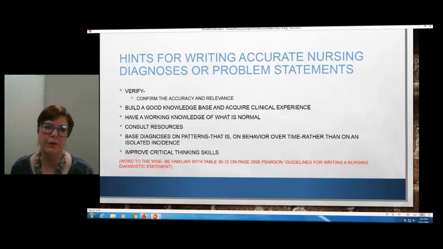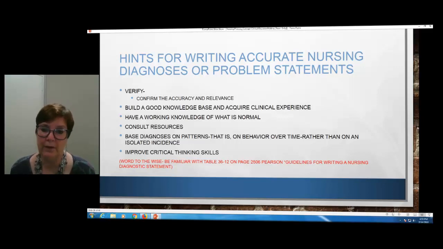We want to build a good knowledge base and acquire clinical experience. So this all comes easier the more that you assess patients, the more that you collect data. We've got to have a working knowledge of what is normal. If you notice, we knew that you shouldn't be hearing adventitious breath sounds. And we know that a temperature of 101.2 is not normal.